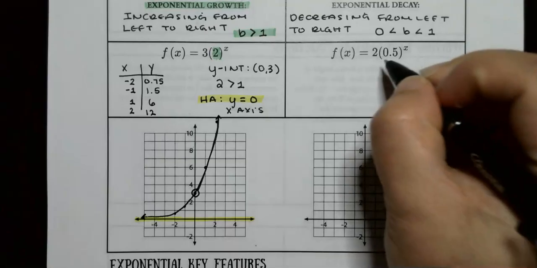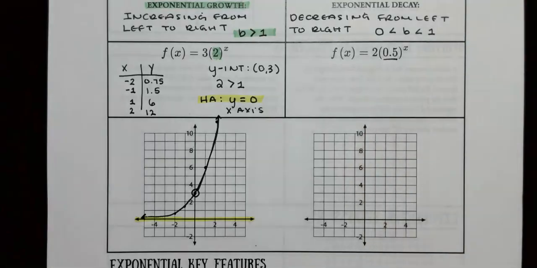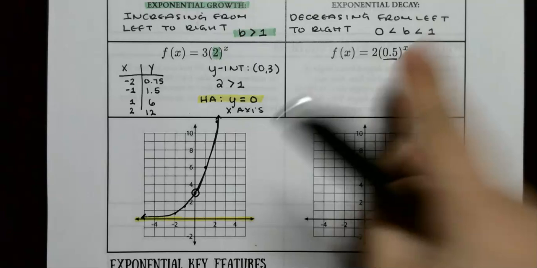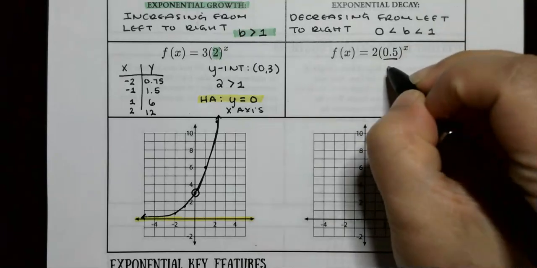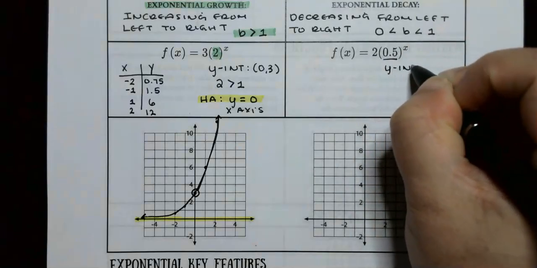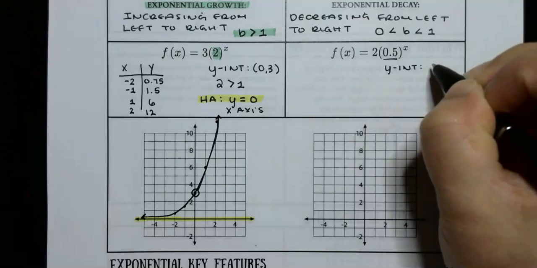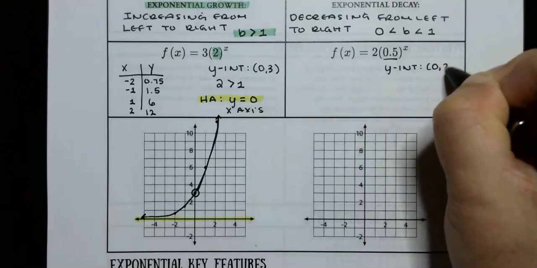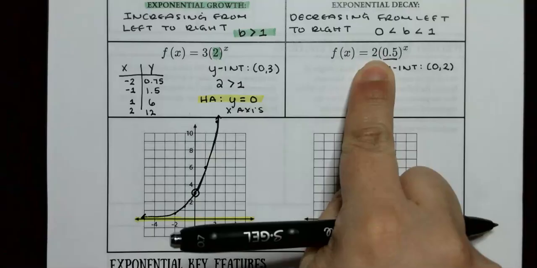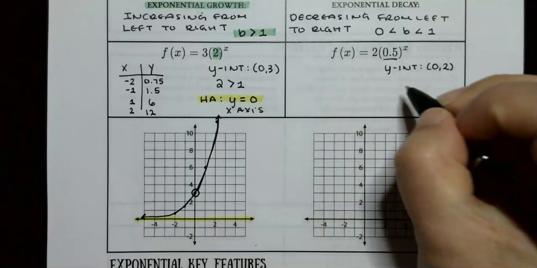Notice that our b value is 0.5, so that means that our graph is going down instead of up. So from here, we now know that the y-intercept is automatically going to be (0,2), because our a value is always the y-intercept.